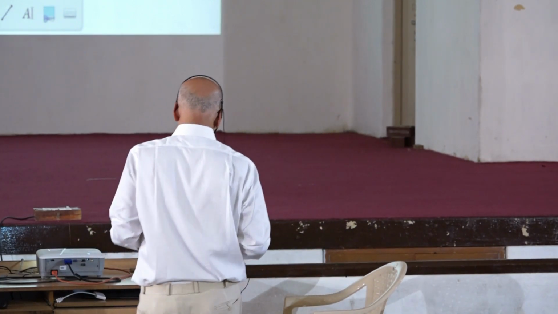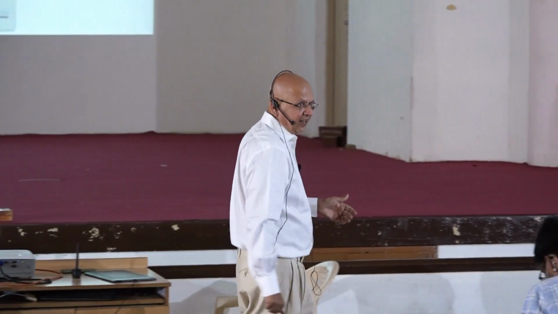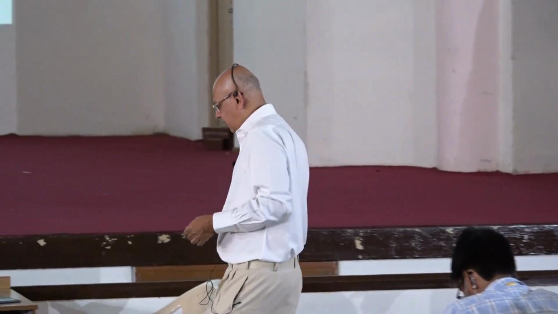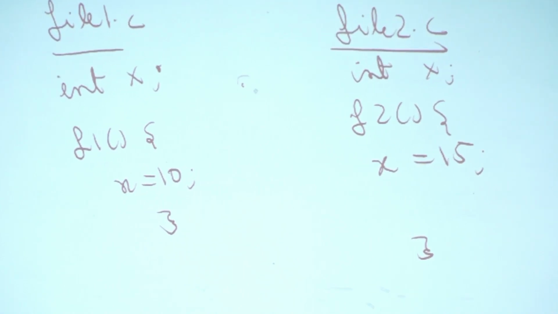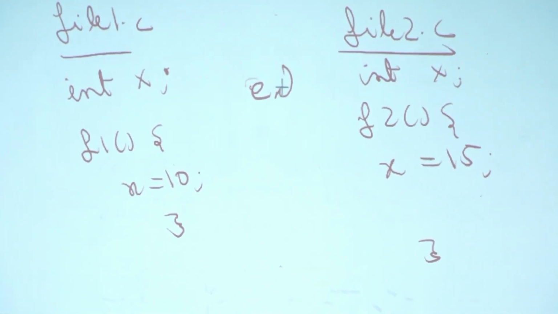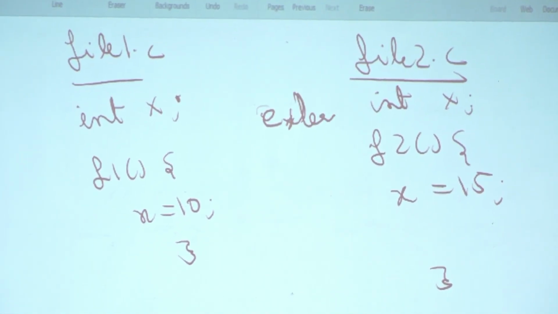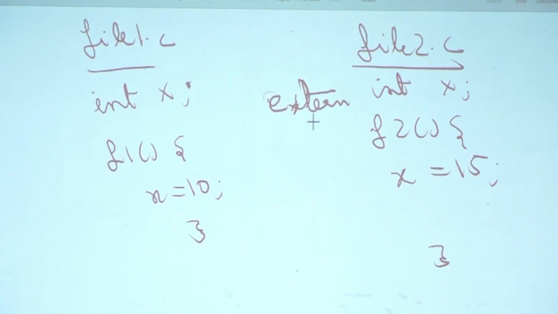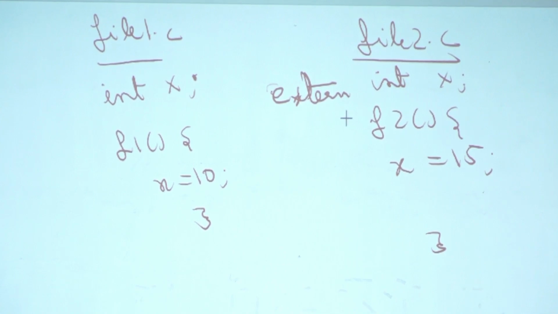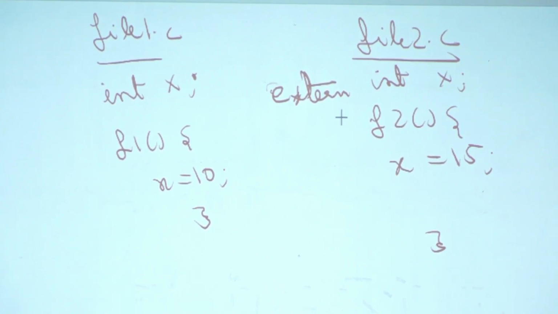So in that case, what is the word you will use? You will say here, in file 2, you will say extern, and in file 1, you will say int. So what are you telling the compiler? Look, I am using an x, but you know what?